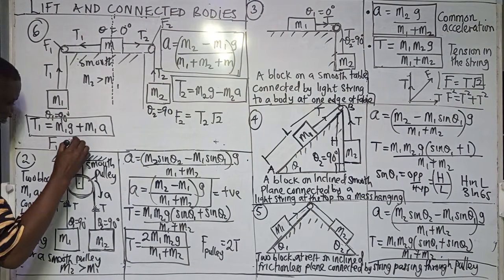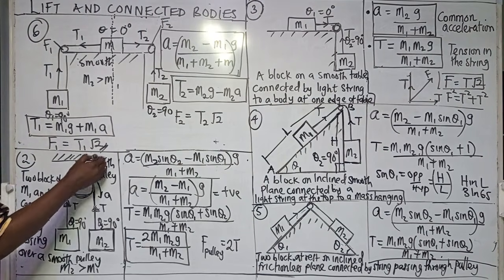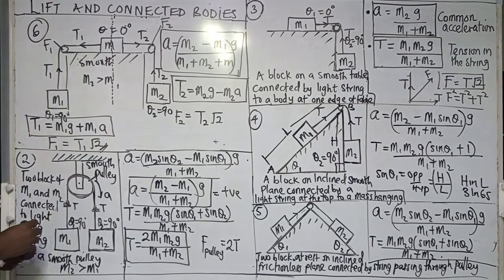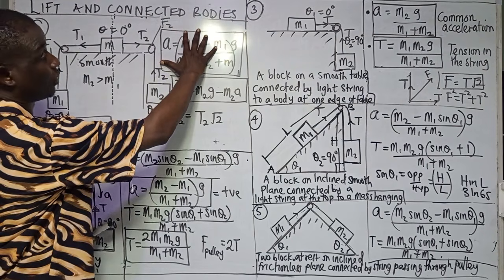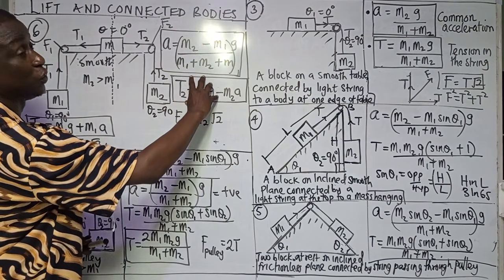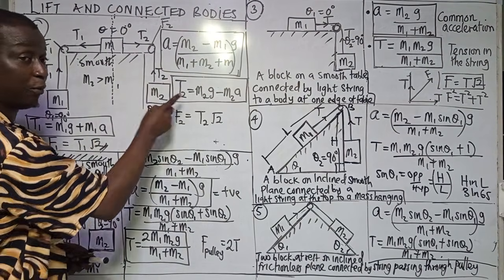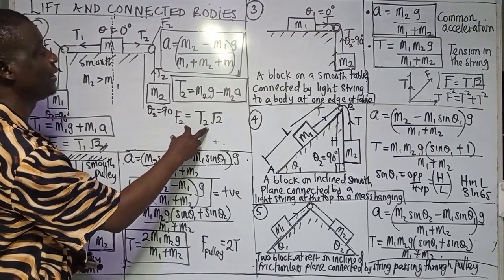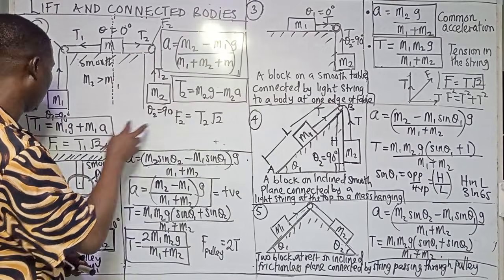I will now have T1 with 2. No, this is the second force. And that will end our calculation. We have calculated the common acceleration, the tensions in the pulleys, and I use tensions in plural because there are more than one. Then the forces in the pulleys, because there are two pulleys here. Force 2, force 1.